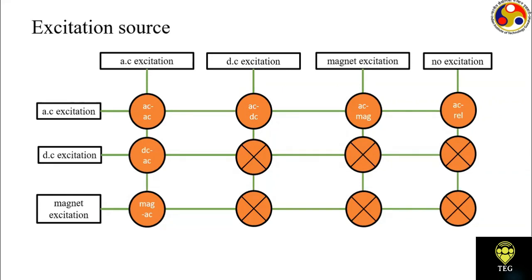The second category of machines are the ones which produce reluctance torque. In that case you have only one magnetic field, and that magnetic field sees a changing reluctance. As the rotor moves, the reluctance keeps on changing, and the motors produce reluctance torque. So that's the difference between electromagnetic torque and reluctance torque.